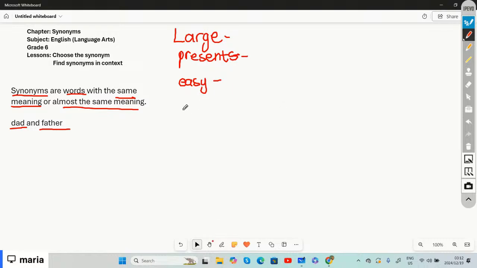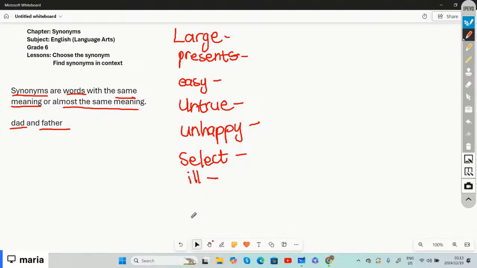Another word for if something is untrue. Something is not the truth, it's untrue. What is another word for untrue? What is another word for unhappy? To select something, we need to choose words that are the same as or almost the same as this.